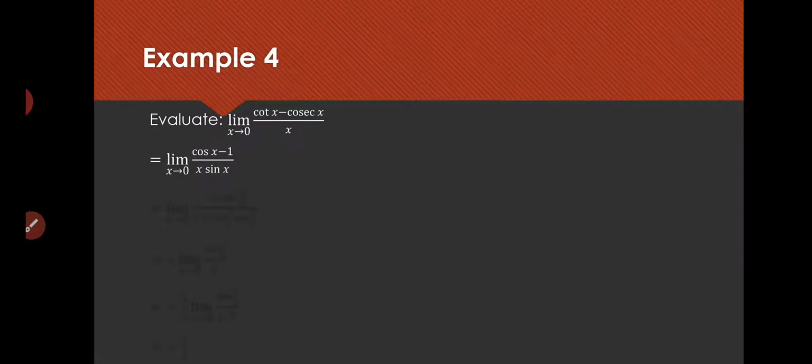If I simplify it down in the form of sine and cos, cot is cos by sine, cosec is 1 by sine, so after simplification it becomes cos x minus 1 by x into sine x. Now cos x minus 1 by the submultiple formula can be written as minus 2 sine square x by 2, and sine x can be written as 2 sine x by 2 into cos x by 2.